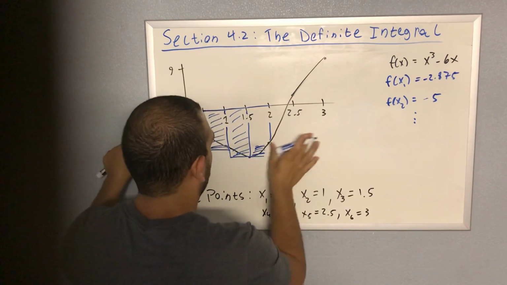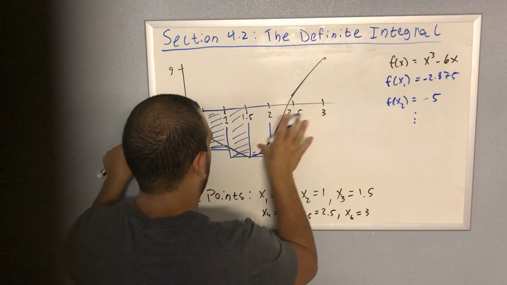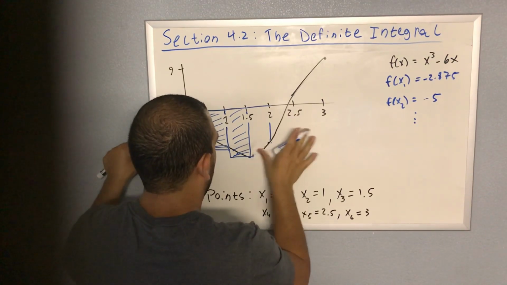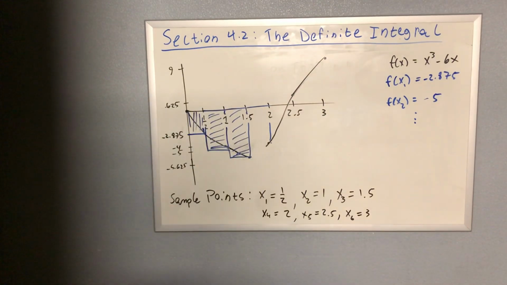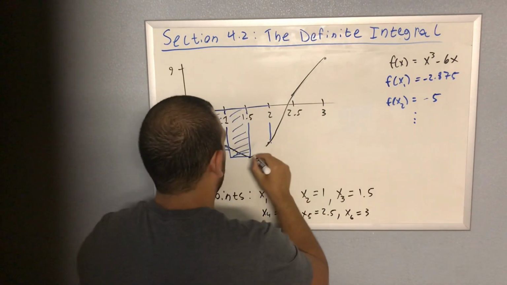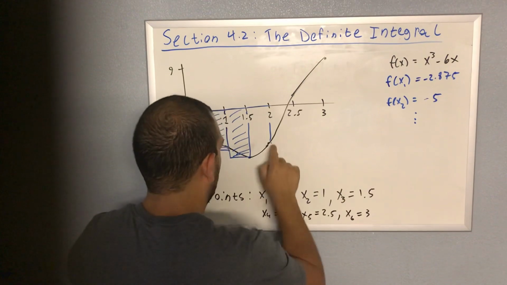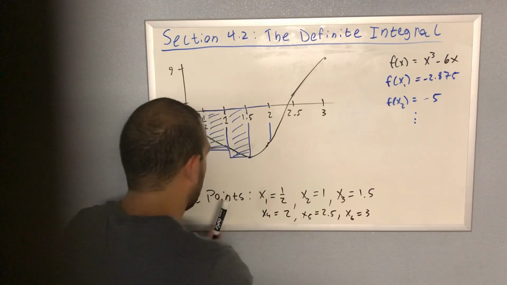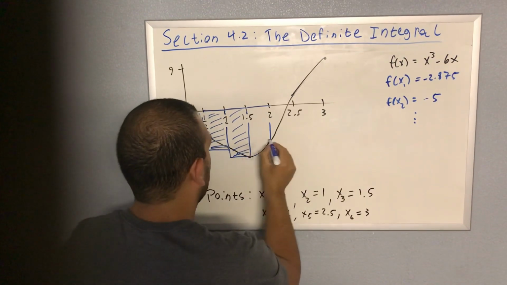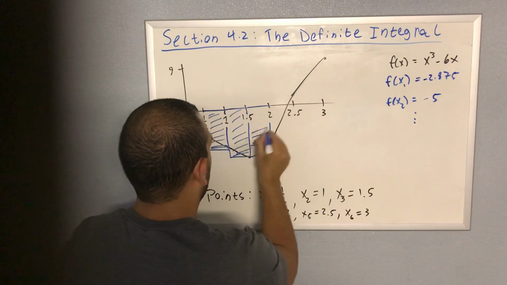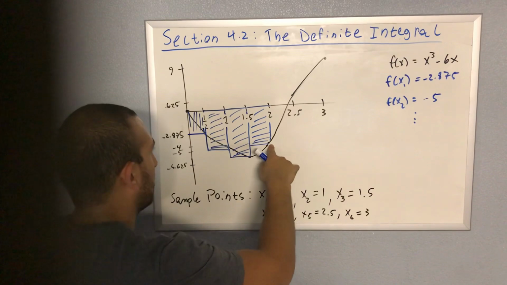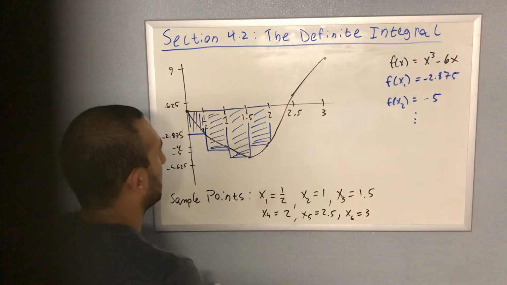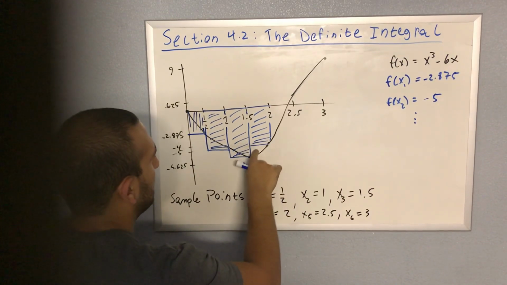Oh, sorry, I messed that one up. So the height only goes up to this point now, right? Because the value at 2 was negative 4, so we cap this off at negative 4. So see, we're missing this little area here.